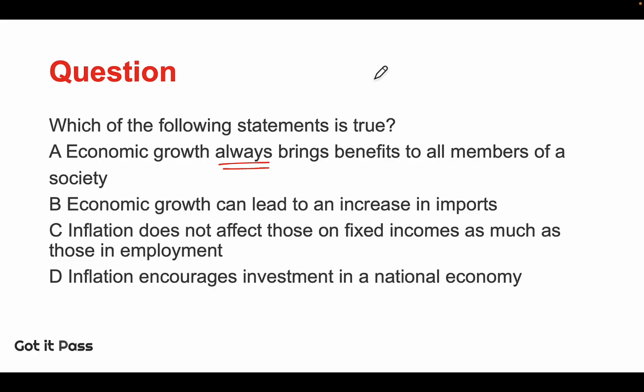So remember the formula, aggregate demand. C, inflation does not affect those on fixed income as much as those in employment. Is it true? And D, inflation encourages investment in the national economy.